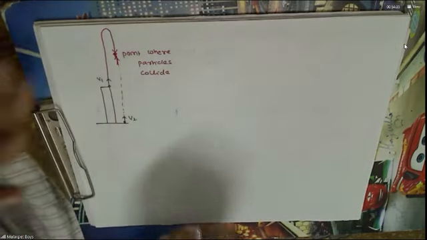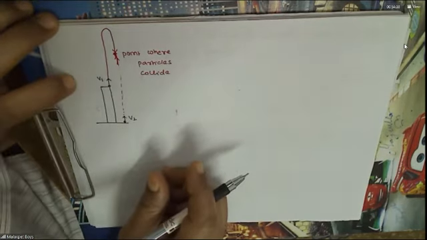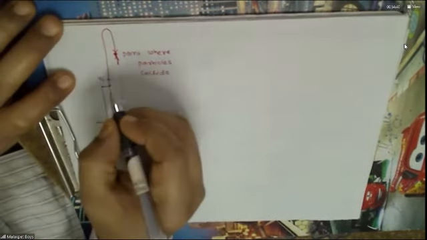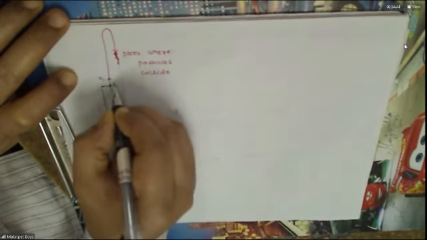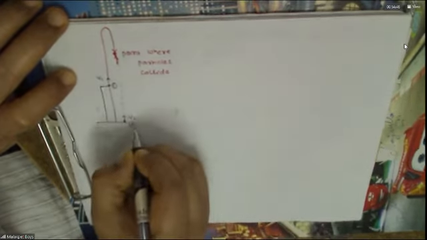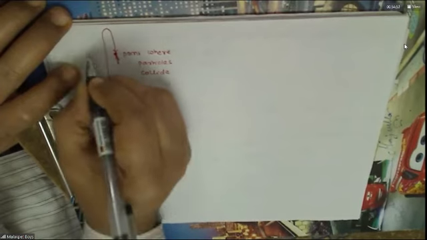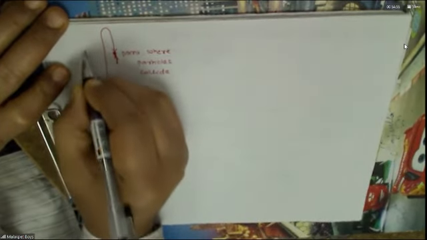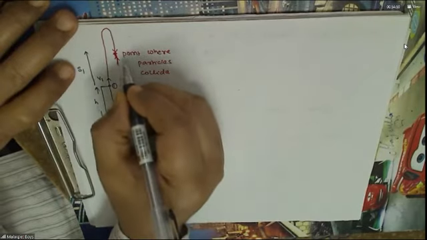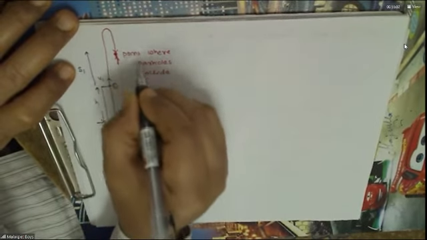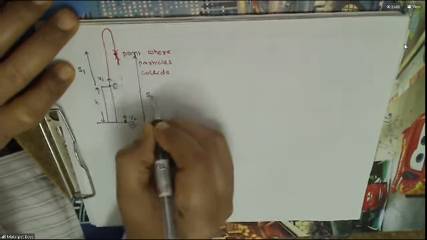Okay, see, then for this particle, what is the displacement? Particle 1. Displacement of particle 1 is nothing but from here to here only, no? What is the displacement of particle 2? Do you agree with this or not?